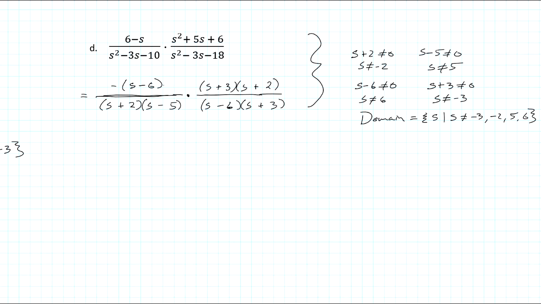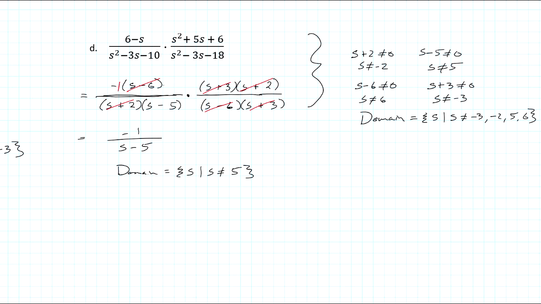Go ahead and do our cancelation. Now we can cancel an s minus 6. Let's remember there's a minus 1 in front of that. Cancel the s plus 2. And cancel the s plus 3. So after that, we're left with negative 1 on top over s minus 5 on the bottom. And this new domain is the set of s such that s cannot equal 5.